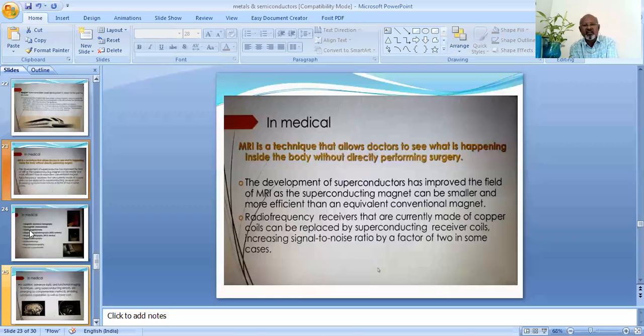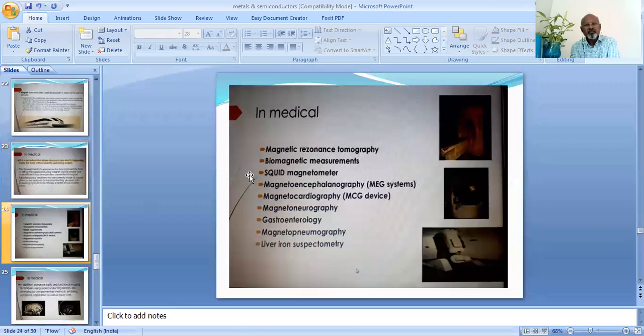Here again there are certain medical fields where superconducting materials are used: magnetic resonance tomography, then biomagnetic measurements, the SQUID magnetometer, magnetoencephalography (MEG) systems, magnetocardiography (MCG) devices, magnetoneurography, gastroenterology, magnetopneumography, and liver iron susceptometry.